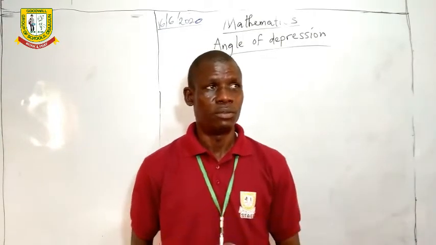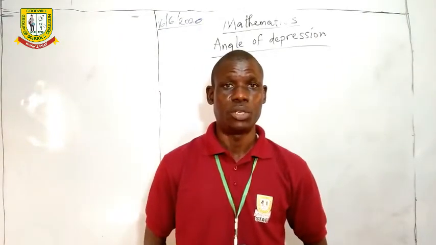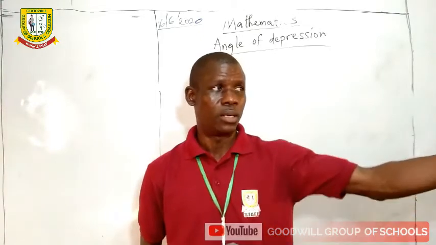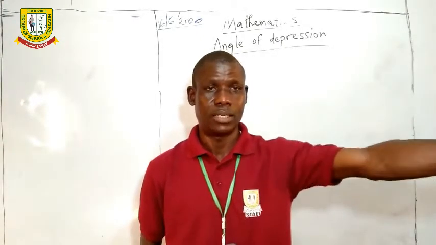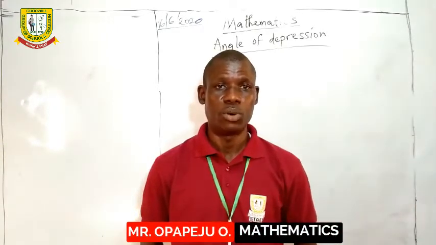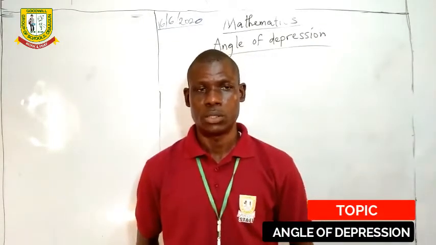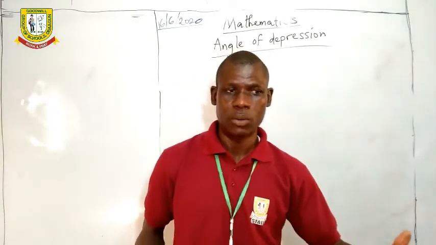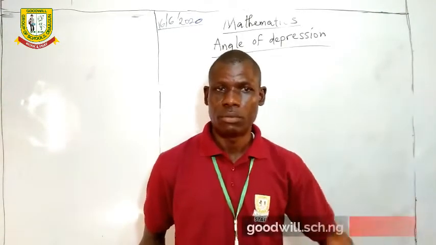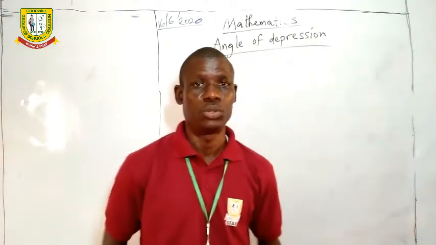When you are at the top in a storey building, and you are viewing an object that is outside downstairs, then that is also giving us an example of angle of depression. So with these few ones, you should also be able to now check and give many more examples of what angle of depression should look like.